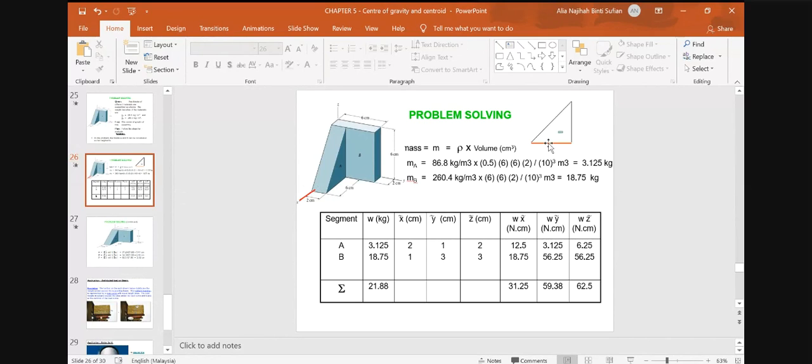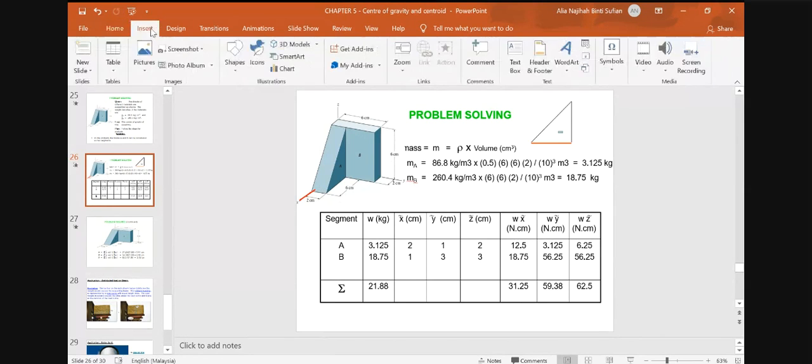We do not see it in the triangle. We take half of the y length, we get 1. And then the z-axis, now I have to draw this.